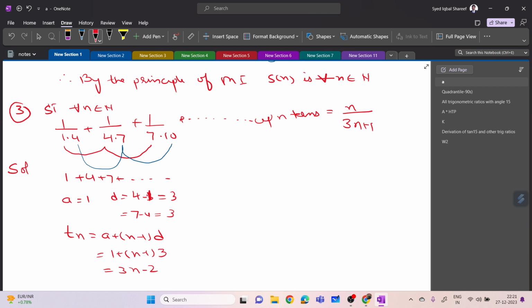And the second is the blue one: 4, 7, 10, and so on. Your a is 4, d is t2 minus t1, or 10 minus 7, which is 3. So the Tn formula is a plus n minus 1 into d, where a is 4 and the common difference is 3.